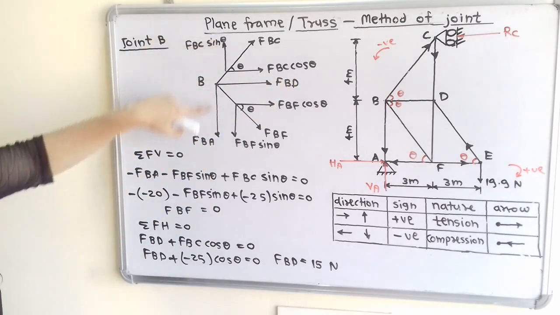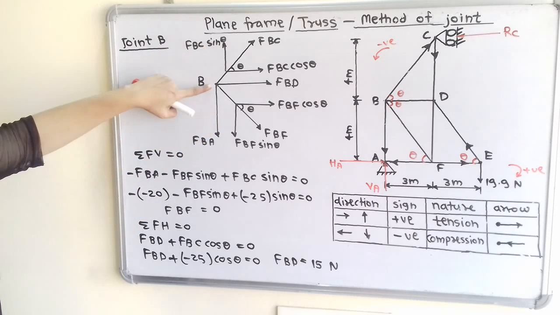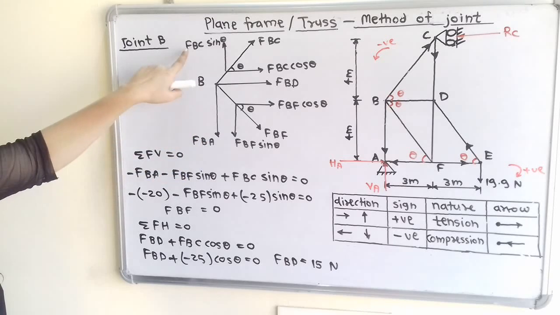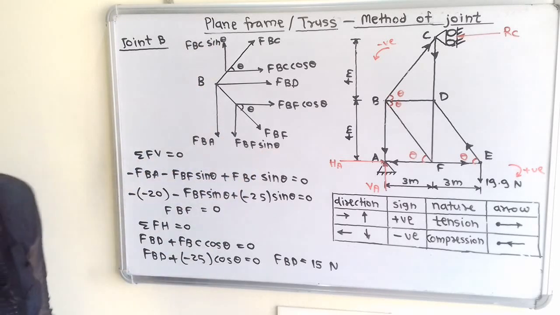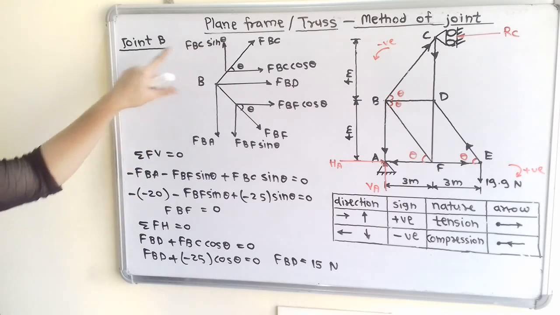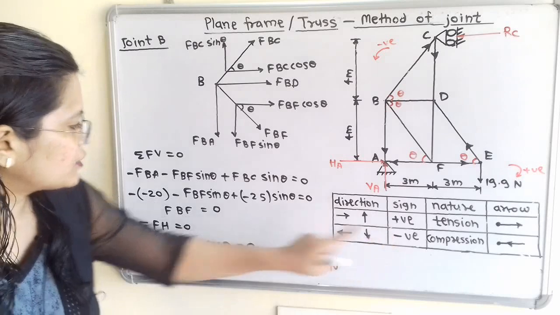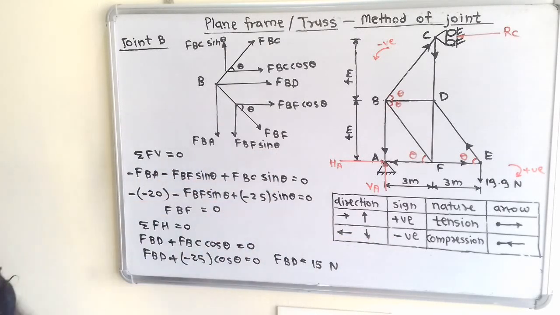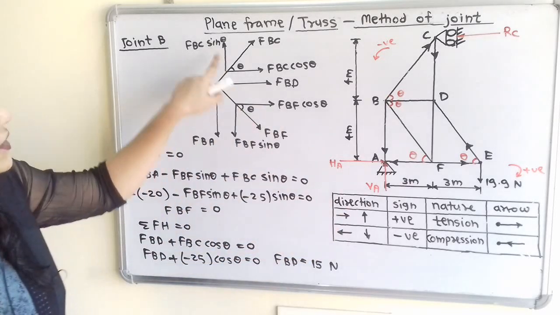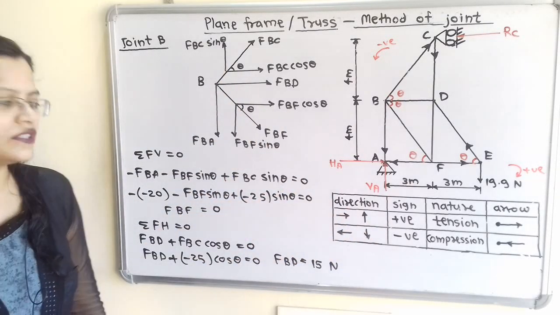So if we take the summation of all vertical forces equal to 0, then this vertical force BA is known, FBC sin theta is known, and there is only one unknown force. So as per the direction we will write here: for downward direction use negative sign, minus FBA minus FBF sin theta, and for upward direction use positive sign, plus FBC sin theta is equal to 0.